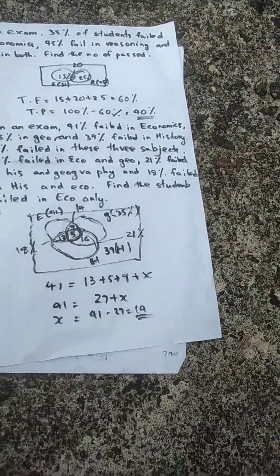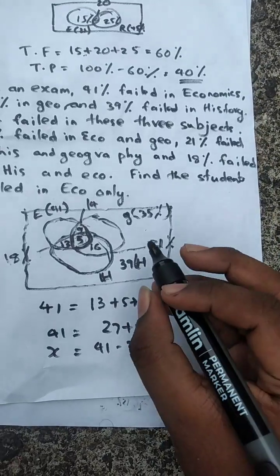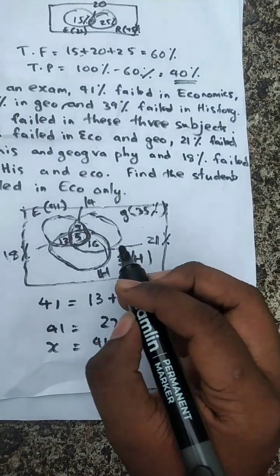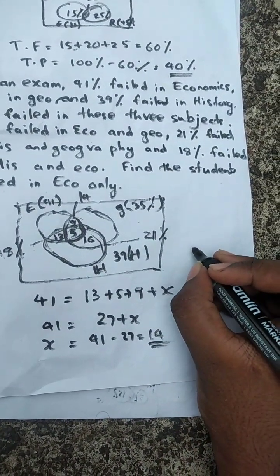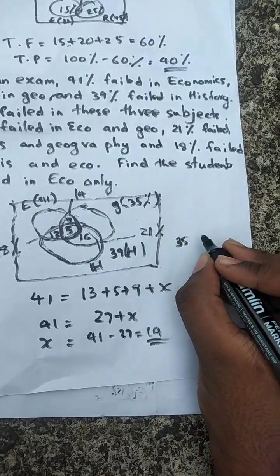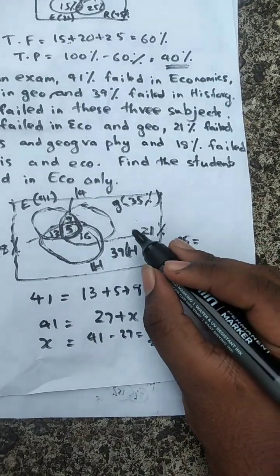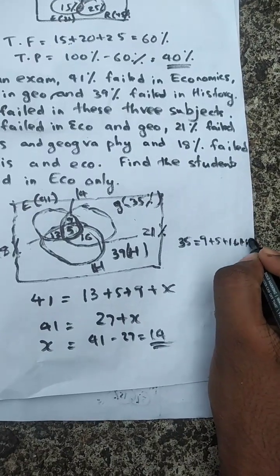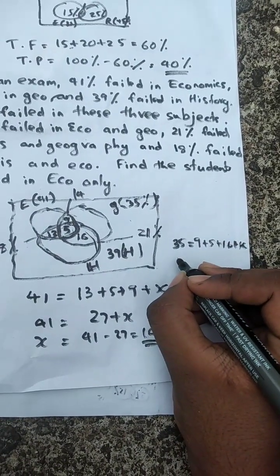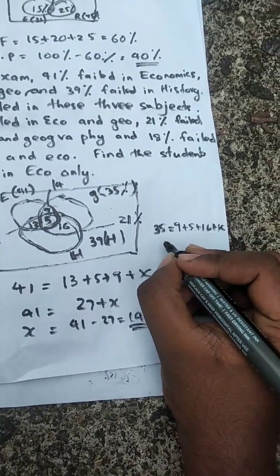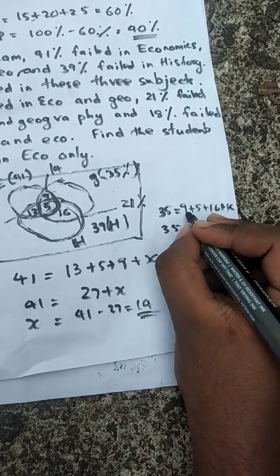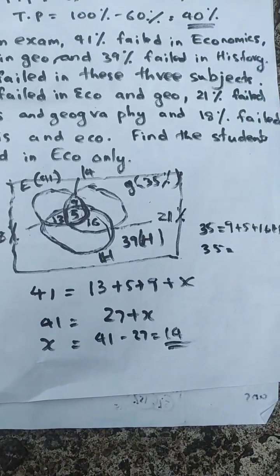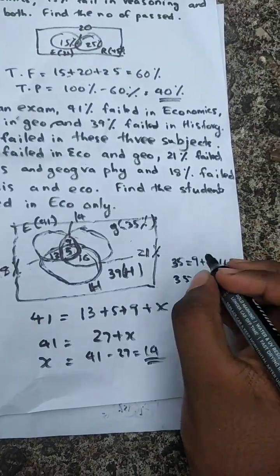If you want to find the number of students who failed only in geography, 35 students already failed in geography. So 9 plus 5 plus 16 plus x would be the value for geography. So 35 would be 9 plus 5 plus 16. 9 plus 5 is 14, and 14 plus 16 is 30.